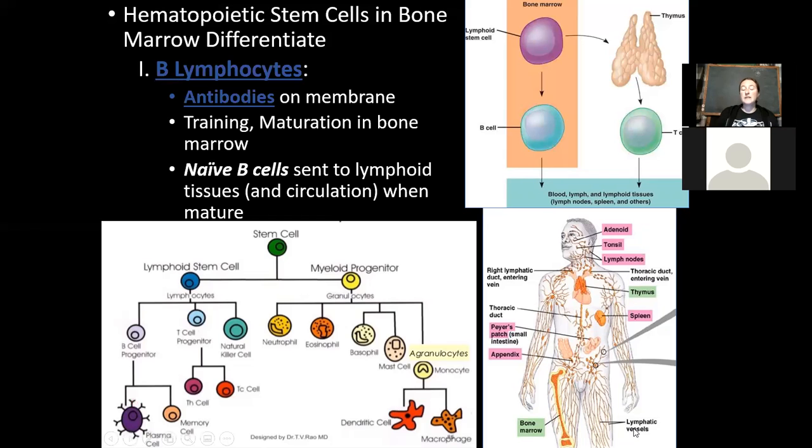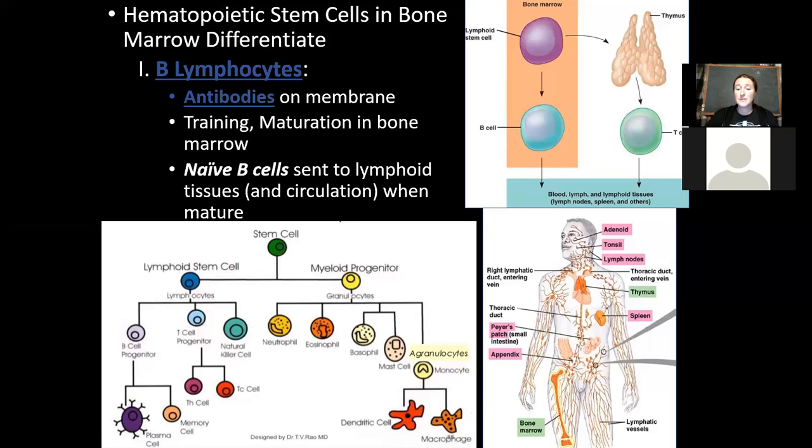They are ultimately going to leave the blood, be taken into the lymph fluid, or the lymph fluid is going to be taken into the lymphatic vessels, and from the lymphatic vessels, the B cells are going to populate. They're going to hang out for a little while in assorted lymphatic structures.